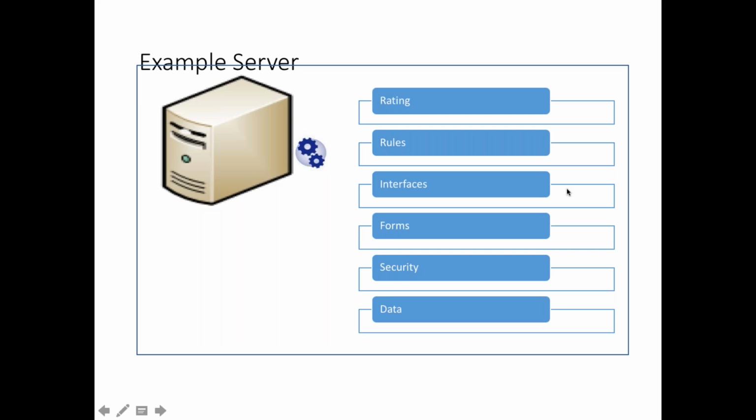Like, example author needs some database values. So it's the responsibility of example server that our example author gets the desired values from the database, and it will retrieve them and give them back to the example author.